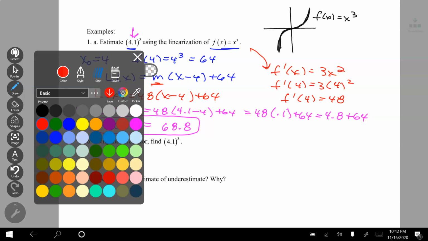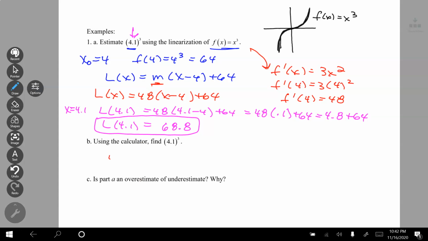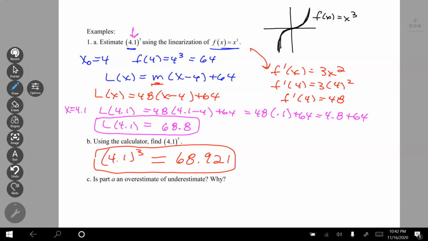Well, let's compare it to the actual value of 4.1 cubed. So if I do 4.1 cubed, you could go to your calculators. I plugged it in, and there is an actual value of 4.1 cubed. Now, is this an overestimate or underestimate?